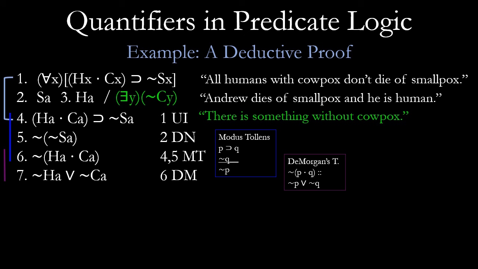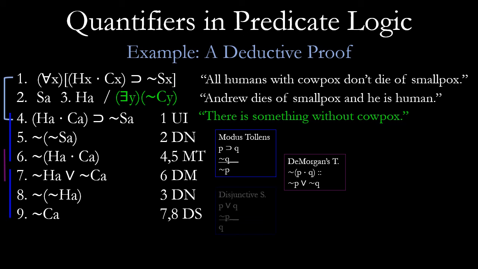Well, from there, we can say not HA. What I'm doing here is taking line 3, where I say Andrew is a human, and using double negation to say it's not the case that Andrew is not a human. The reason I want to take this step is because I want to use it with statement 7 in a disjunctive syllogism.